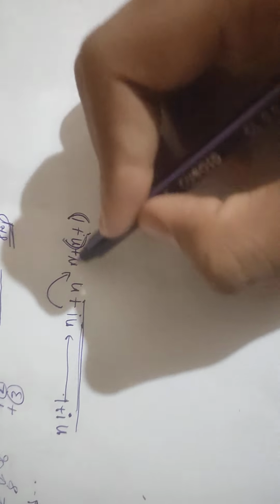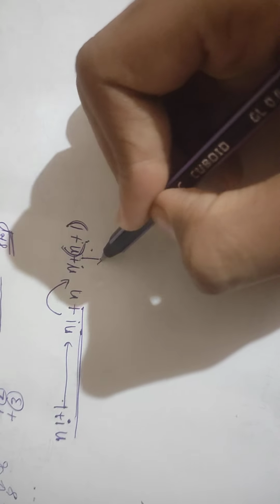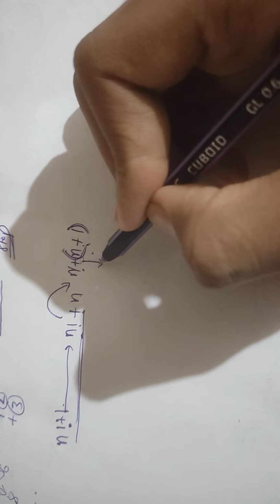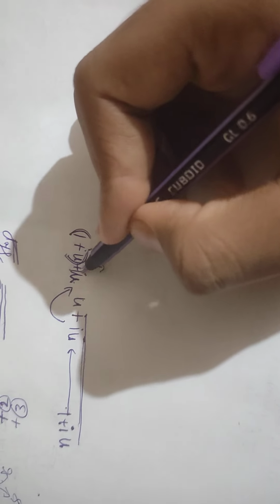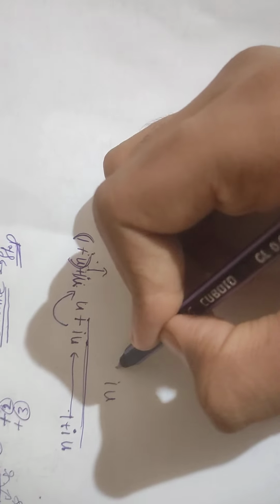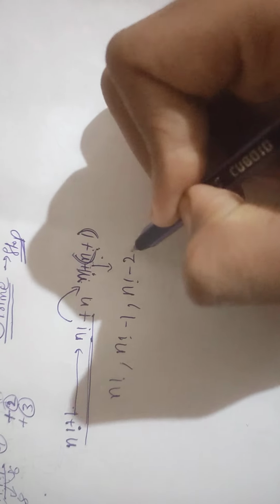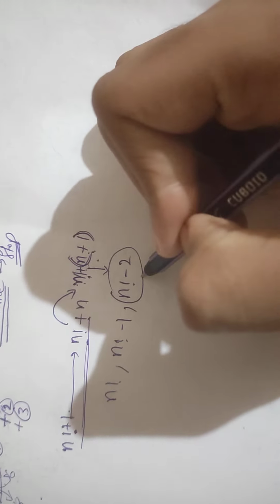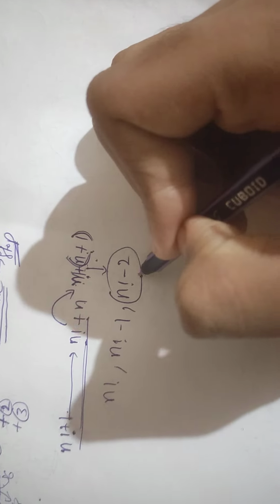Thus the taking of common from both these expressions will continue until we get the next prime number after n factorial. See, before n factorial, we may have n factorial minus 1, n factorial minus 2. Let us say n factorial minus 2 was a prime number.